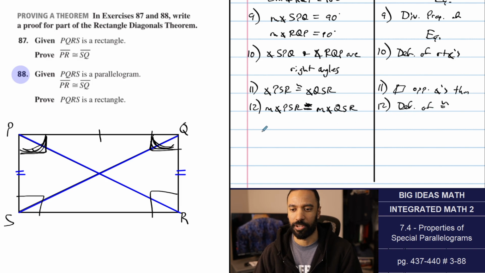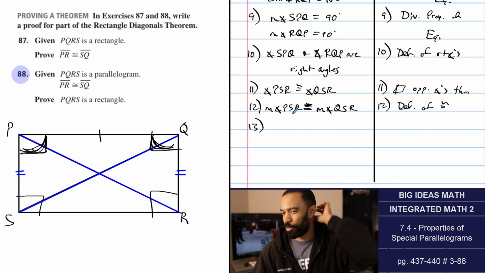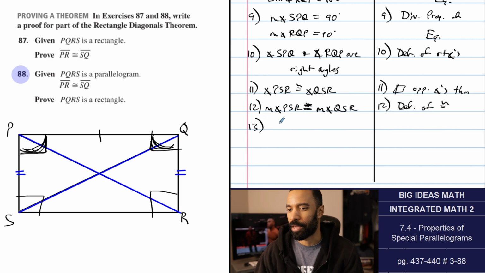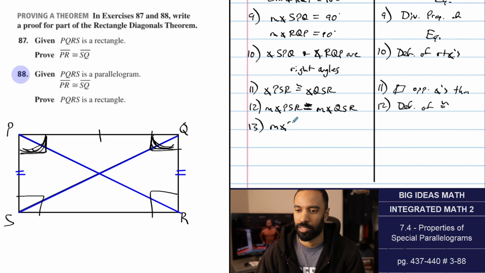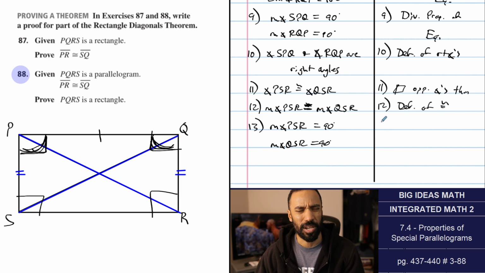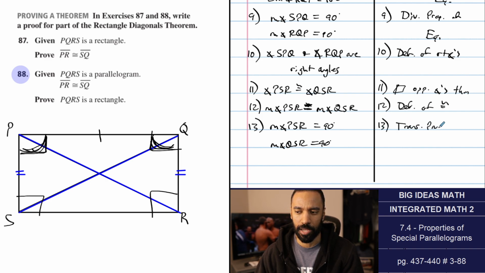See, this is why people hate geometry. They hate proofs. Now these are 90 degrees, by substitution. Transitive property? I think here I get to say transitive property instead of substitution. Transitive property of equality.